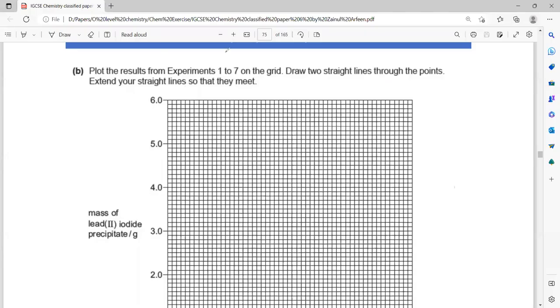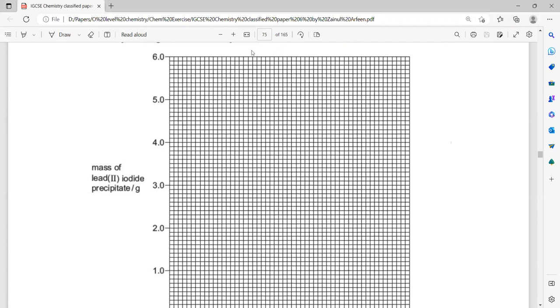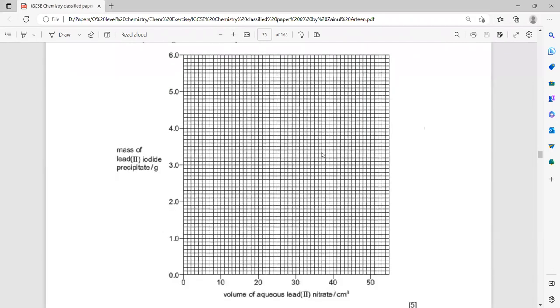Plot the results for experiments 1 to 7 on the grid and draw two straight lines through the points, and extend your straight lines so they meet each other. For the first one, I will write the volumes which we used: 16, then 23, then 29, then 39, 44, and then 48.